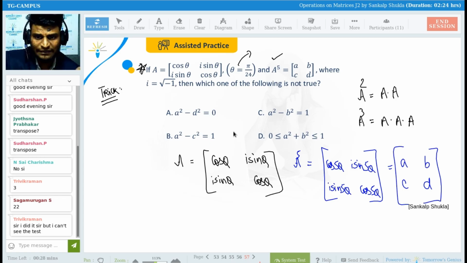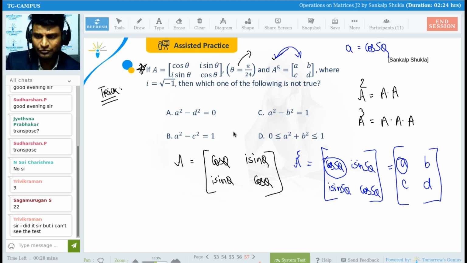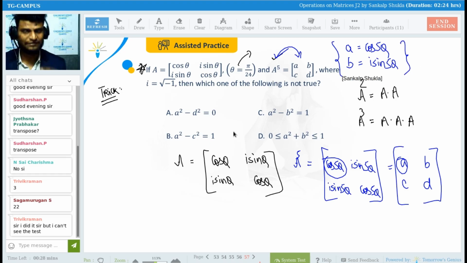As I've given that A raised to the power 5 is [A B; C D], I can clearly tell that A is equal to cos 5 theta. B is equal to i sin 5 theta. Okay. So this much information I have gathered.